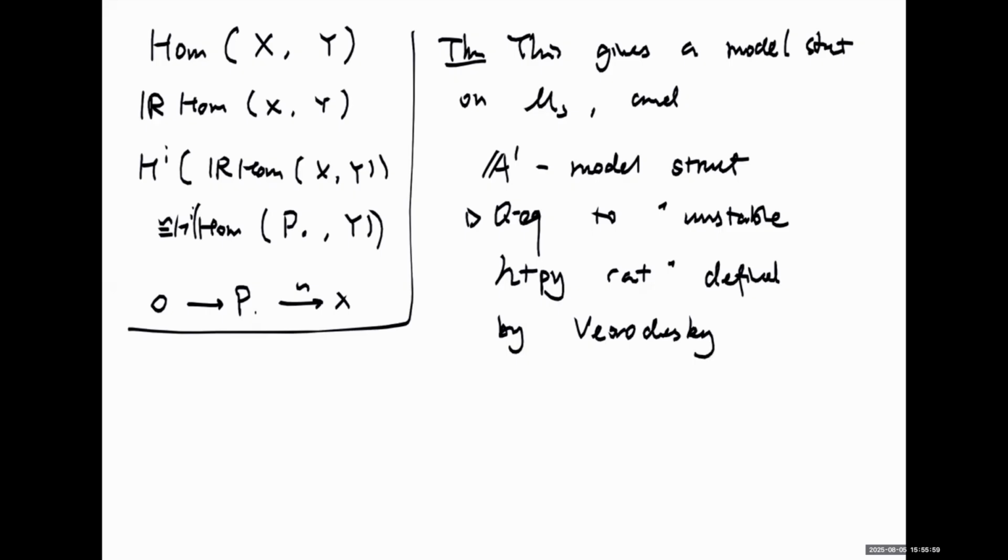So now this is the category that we care about to study the motivic spaces, but the unstable version. Any questions?